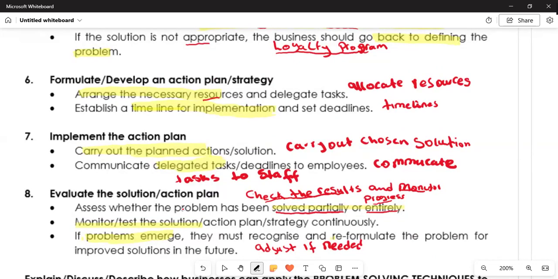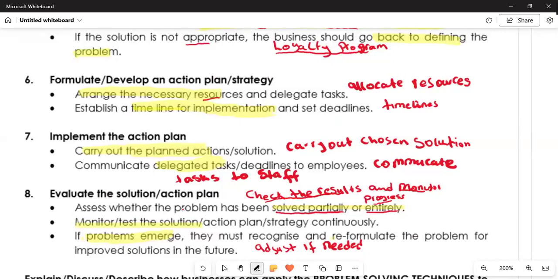The problem of the sales that were dropping. Now we are checking whether it has been solved partially or entirely. Monitor or test the solution, action plan and strategy continuously. If problems emerge, they must recognize and reformulate the problem for an improved solution in the future. That is where you adjust if needed.